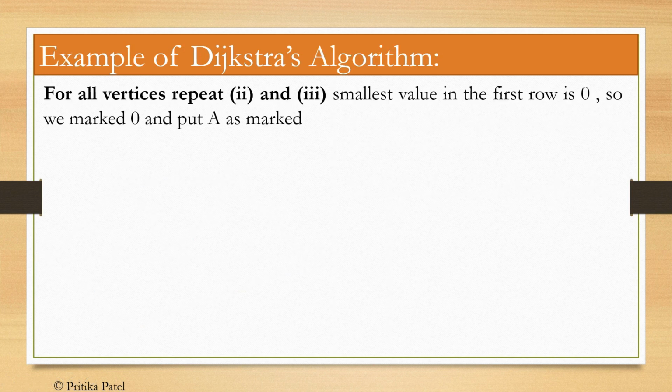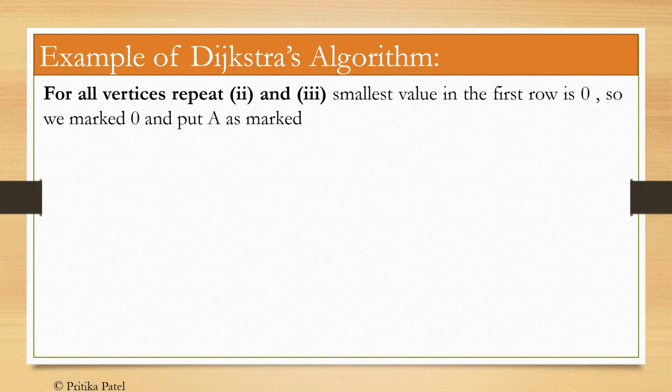Now for all vertices repeat 2 and 3. So we have to repeat this second and third condition. The smallest value in the first row is 0, so we mark 0 and put A as the marked vertex.